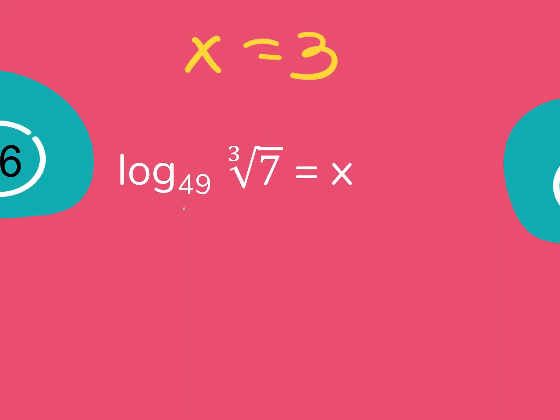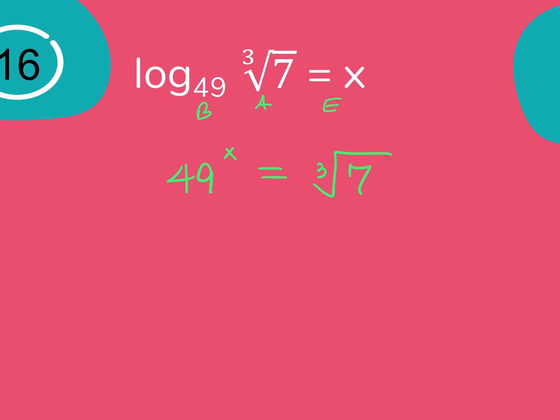16, BAE again. So we're doing 49 to the x power equals the cube root of 7. Again, I need to use my 5.1 skills. I need to make the bases the same.